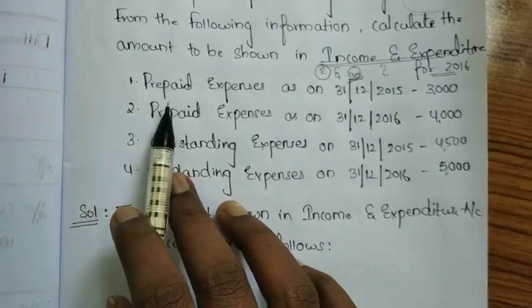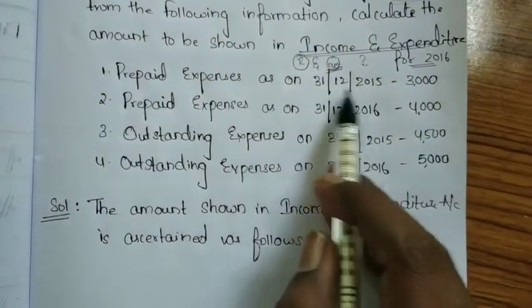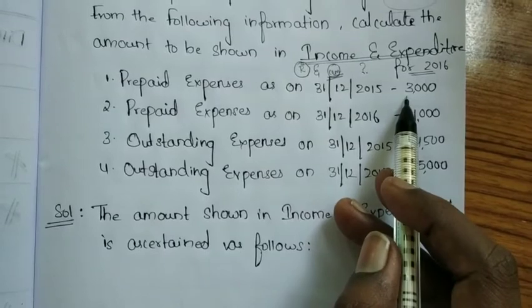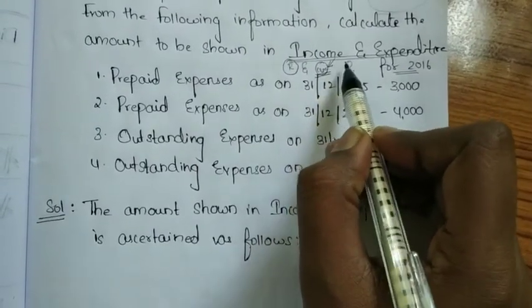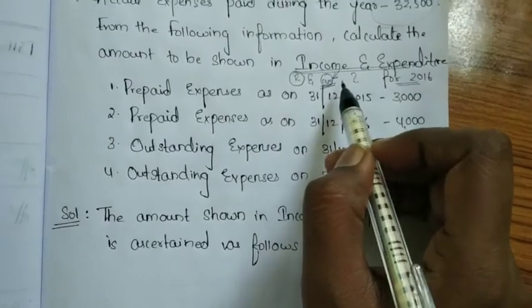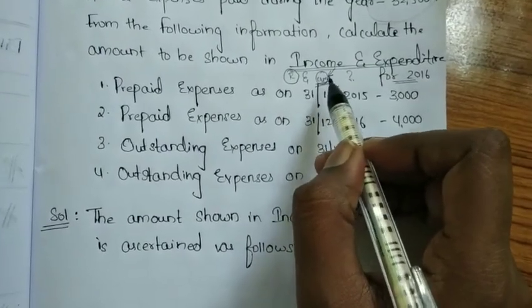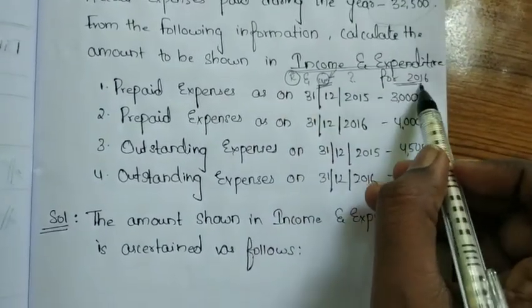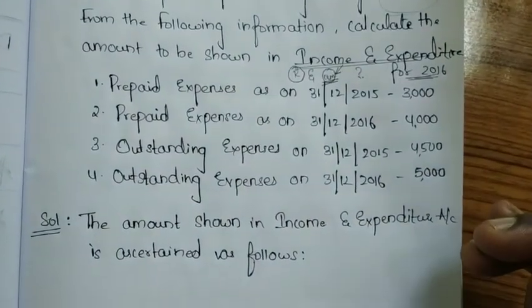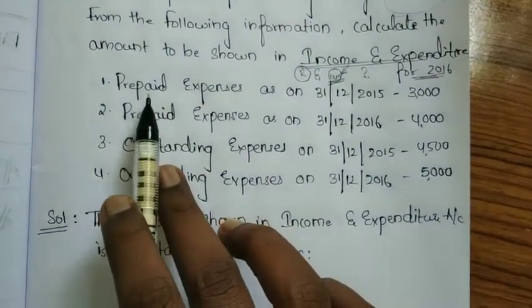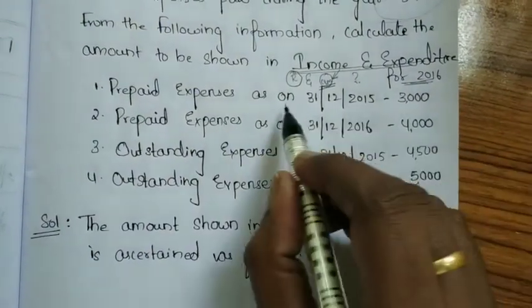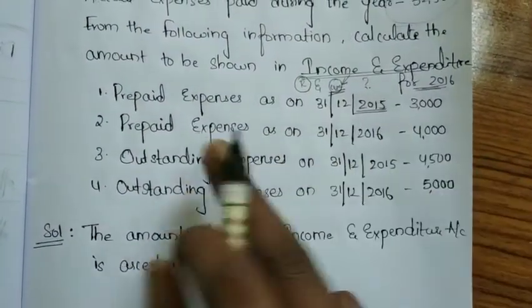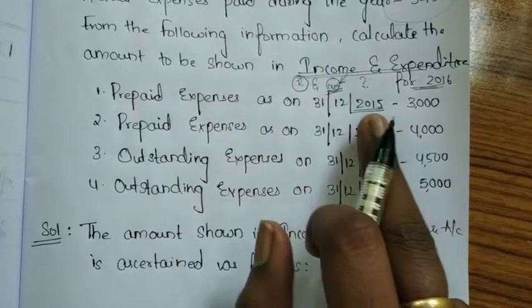So let's see what information they have given. Point one: prepaid expenses as on 31/12/2015 was 3,000. You remember this provision, right? In income and expenditure we have to take all the current year incomes and expenditures, that means for 2016 whatever the expenditure is. They are giving the information that prepaid expenses as on 31/12/2015, that means they paid in advance in 2015.